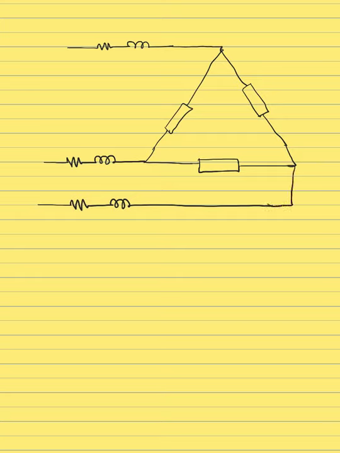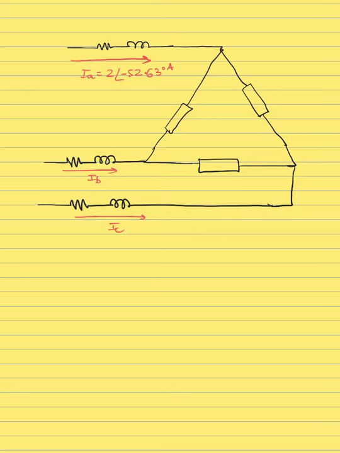Now at least I will label whatever I know. This current is known now. IA is 2 at an angle of negative 52.63. I'll write just one of them. Similarly, I know this current IB and I know this current IC.